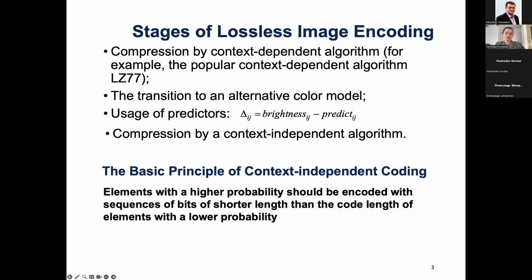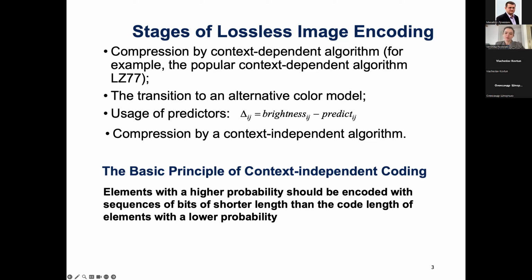To reduce redundancies of the second and third types in archivers or graphic formats, lossless compression of images most often occurs in a maximum of 4 stages. At the first stage, context-dependent coding reduces redundancies between the same fragments or fragments with the same structure. At the second stage, the transition to an alternative color model is performed.